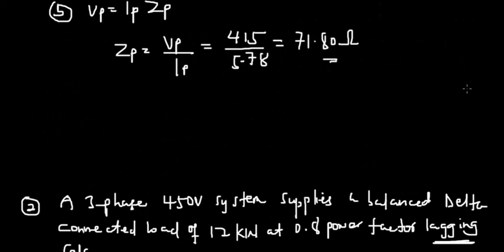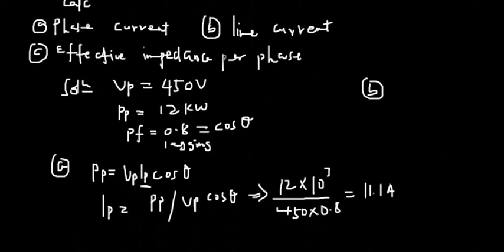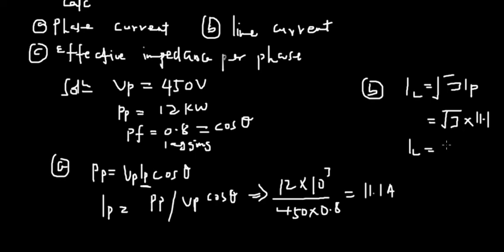Just like here, we use the same relationship. Our line current is equal to root of 3 multiplied by our phase current, which is 11.1. When you multiply this, you end up with 19.2 amps.